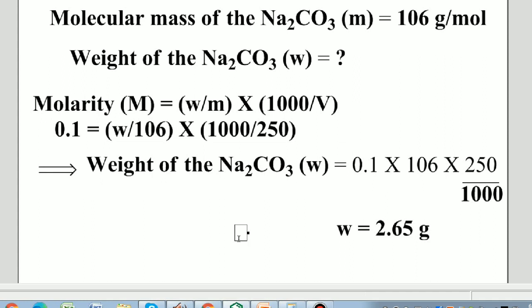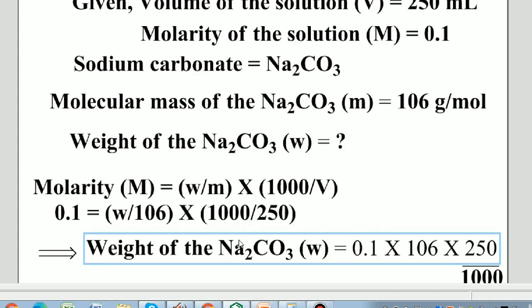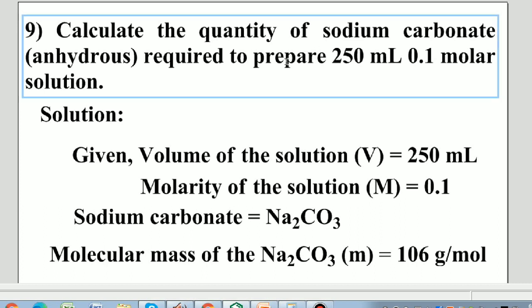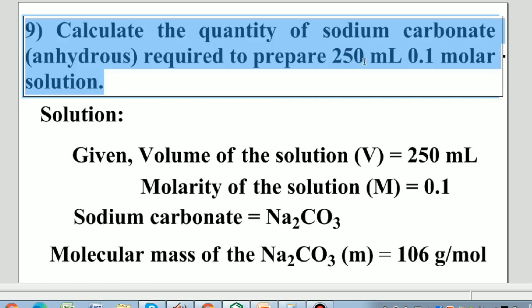Therefore we conclude that 2.65 grams of sodium carbonate is required to prepare 250 ml of 0.1 molar solution.